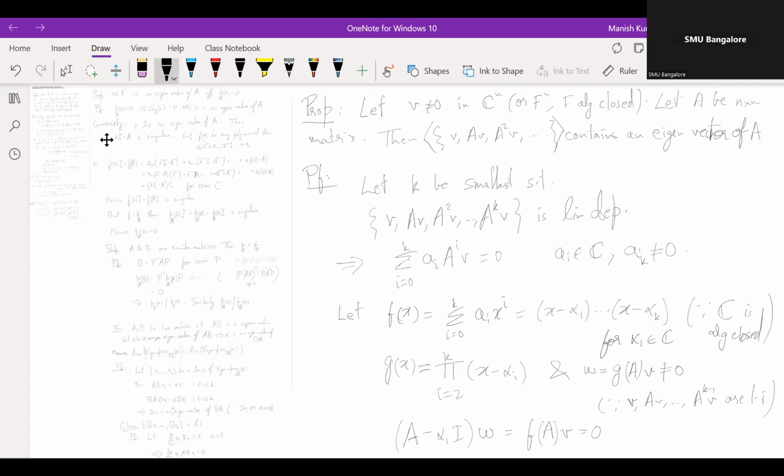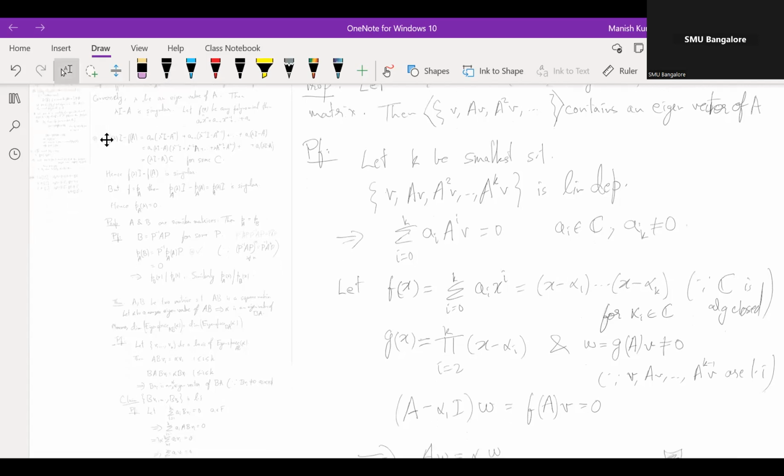So g(x) is basically f(x) divided by x minus alpha 1. g(x) is also a polynomial with coefficients in F or C. And look at w to be g(A) times v.